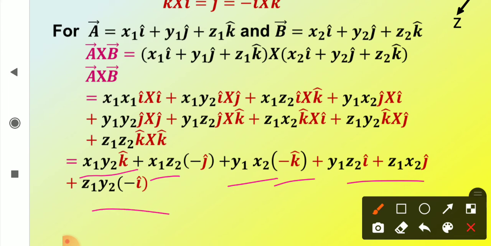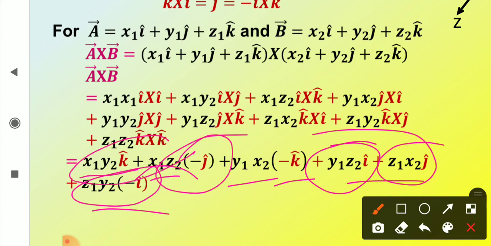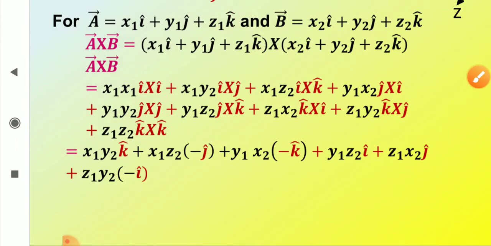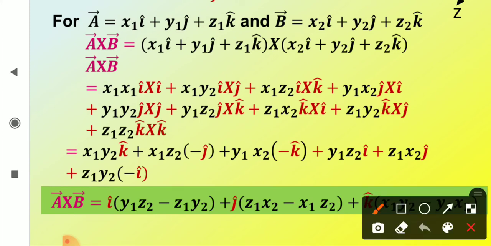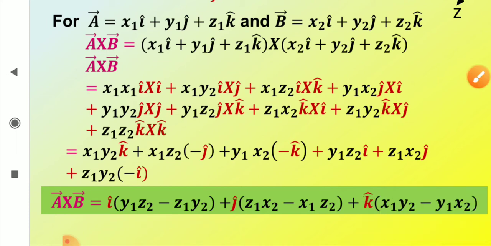Take common, like we have two terms of I, two terms of j and two terms of k. Simplify them, and the relation for A cross B comes out to be: I into y1 z2 minus z1 y2 plus j into z1 x2 minus x1 z2 plus k into x1 y2 minus y1 x2.